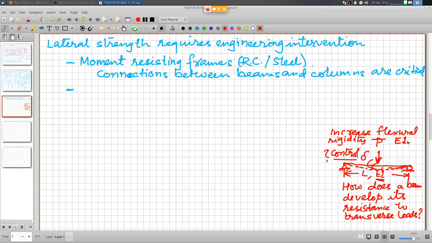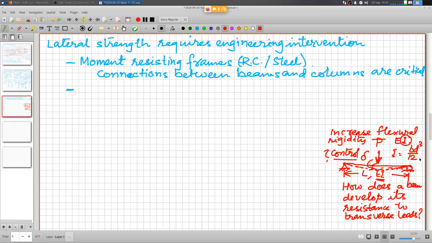Now the material is the same, so Young's modulus you cannot do much. The only way to do that is the moment of inertia. And what is this moment of inertia? I is equal to, it varies as the third power, cubic, of depth.